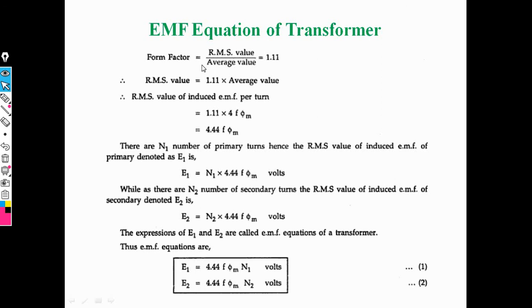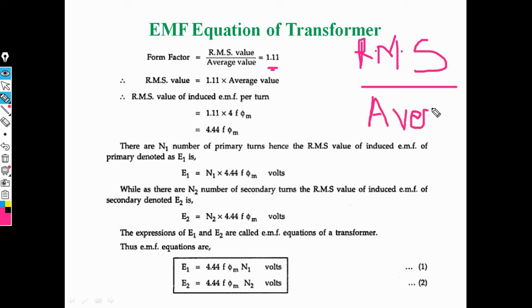Form factor is defined as the ratio of RMS value upon average value, and its value is 1.11, which we have calculated in AC fundamentals. Then rearranging the equation for RMS value, RMS value is equal to 1.11 into average value.